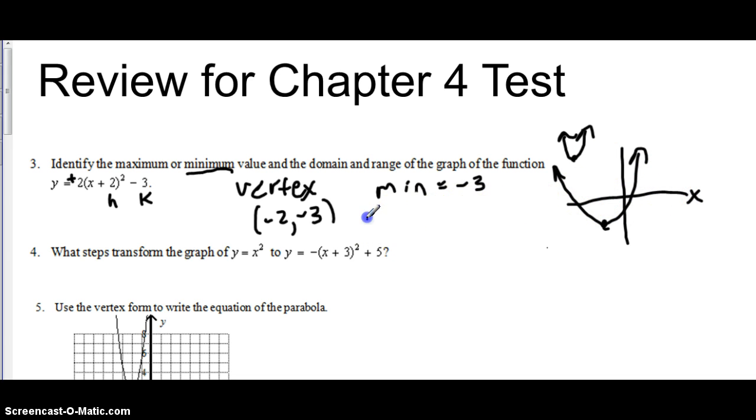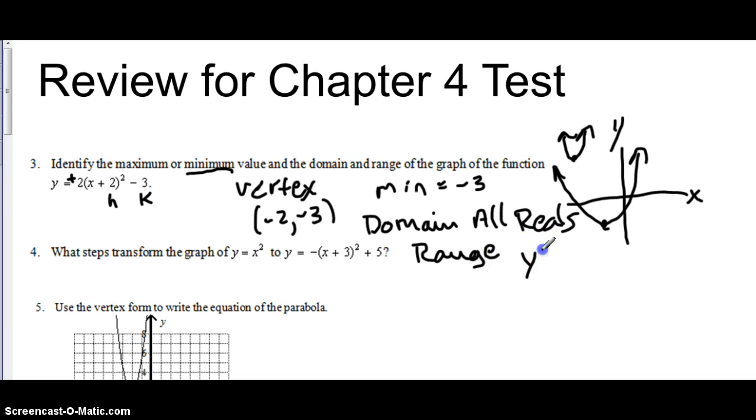So our domain is going to be all real numbers. The range, however, is our y values, and we've got a minimum right here of -3. So the range is going to be y is greater than or equal to -3.